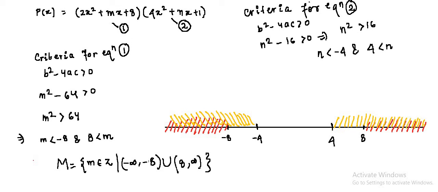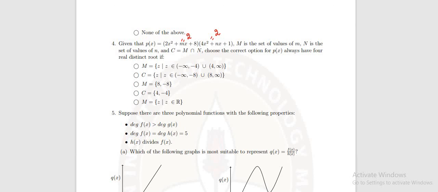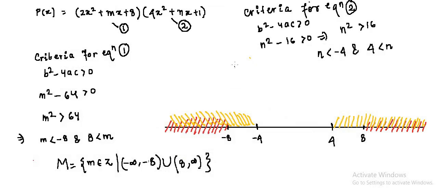So the range of C that you will be obtaining, this is C. The range of n that we will be obtaining will be equal to, n will be the element of Z, such that it will be from minus infinity to minus 4 union 4 to infinity.